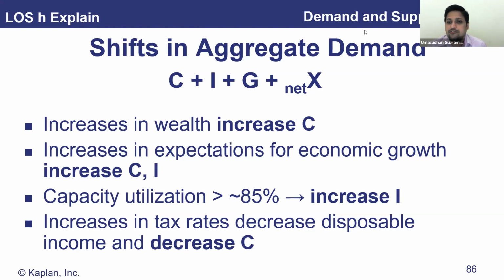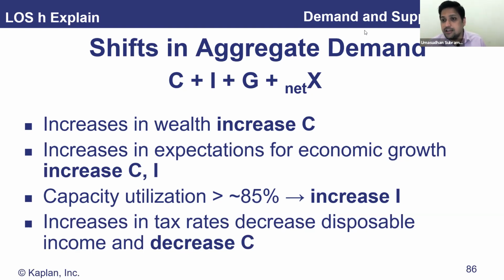Logically, what will you do if your capacity utilization is going to 90, 95? What does that mean? You are already utilizing 95% of your production capacity in your factory. What do you think firms will do at a very high capacity utilization? Would you invest in capex? Yes or no? Think about it. You expand, you invest in capex because you are already at full capacity.